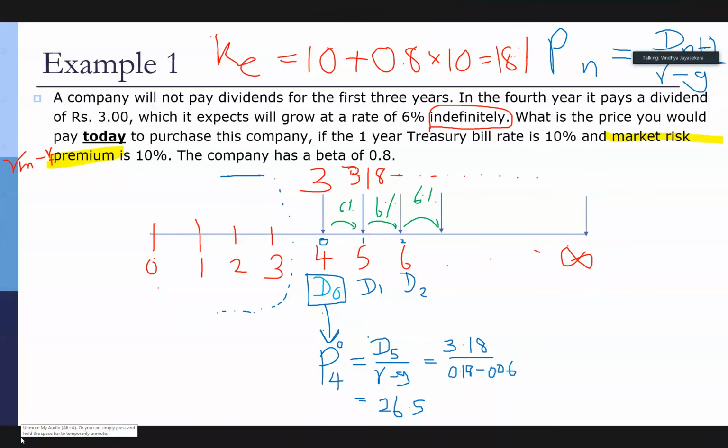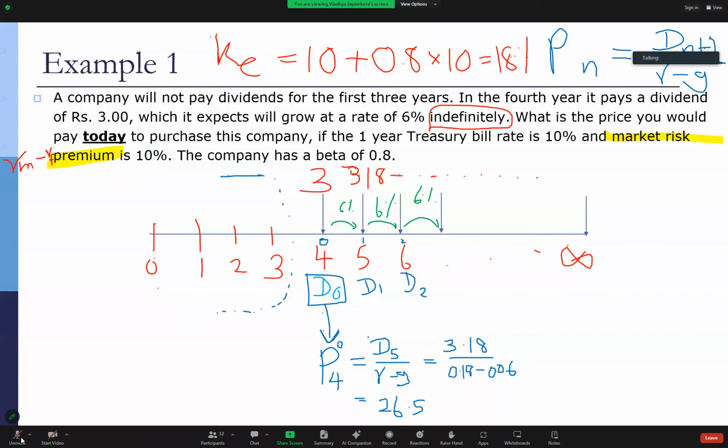Which dividend has not been considered? It is the present value of my future dividends. So therefore, one dividend has not been considered. Yes, today's dividend, which is the 4th year dividend. That 3 rupees has not been considered.